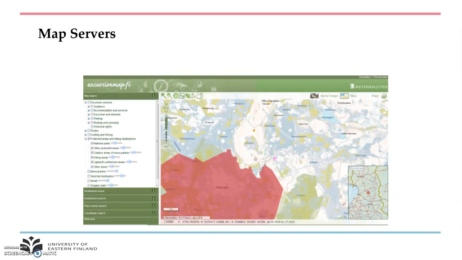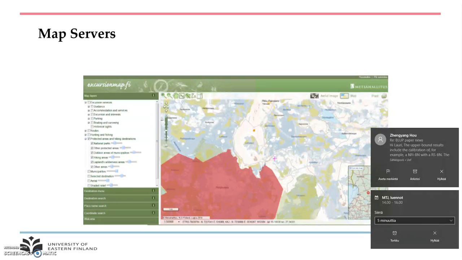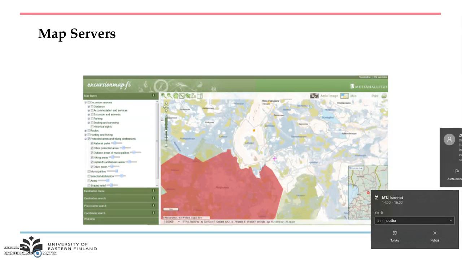The Forest Service and other institutions are also sharing their information in the form of electronic maps on the internet, and that's a very popular concept nowadays. Our students also need to understand how we are able to share our maps and attributes through the map server concept.